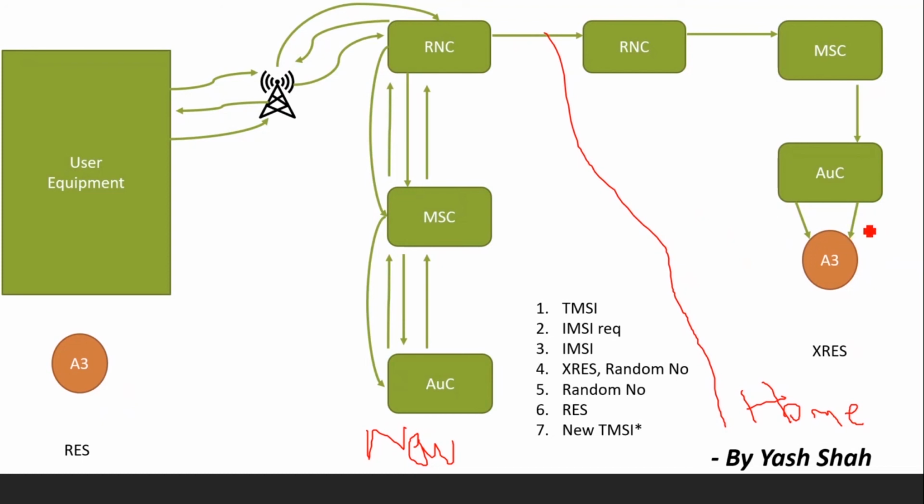You have to note that the AUTN is never on the network. It is either on the home location register or inside the user equipment.